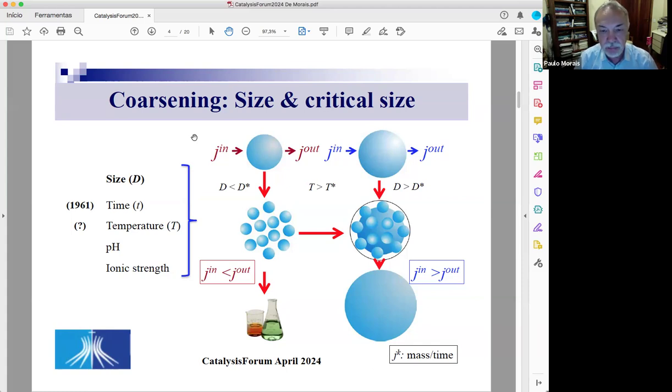It's not like a powder. And this coarsening process requires that the material is in contact with the liquid phase. So it's not the powder itself. So this is the scenario: you start with a colloidal suspension with a small level of aggregation.